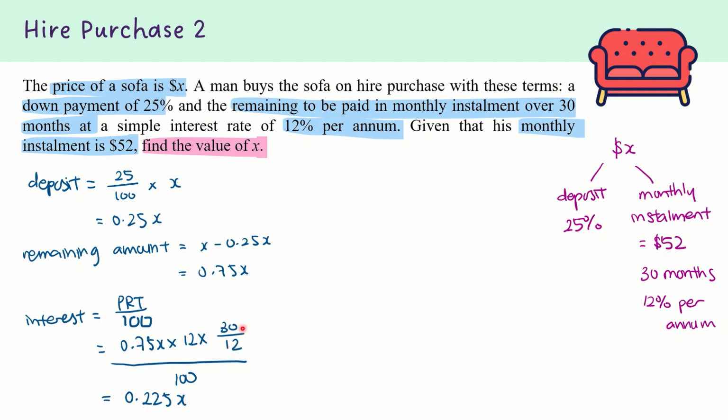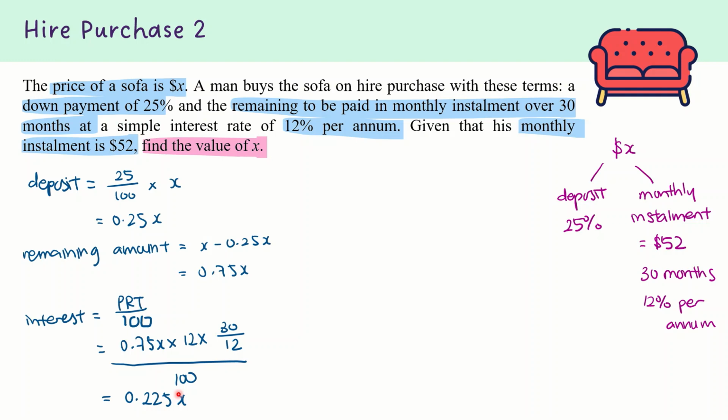That's why 30 over 12 is taken over here, which is a conversion from months to years. Then we will get 0.225x. In case you're wondering how I got 0.225x, I use my calculator, I ignore the x, I press everything else into my calculator, and I get a decimal of 0.225, not forgetting to put back the x, because I can't key in the x value since x is unknown.